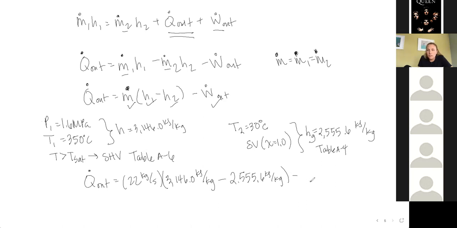And this is all going to be subtracted by 12,350 kilojoules per second, or kilowatts, which is the power that's supplied by the turbine. So my kilograms are going to cancel. I'm going to have kilojoules per second minus kilojoules per second. Those units are compatible. So I get about 638.8 kilojoules per second, or 638.8 kilowatts.